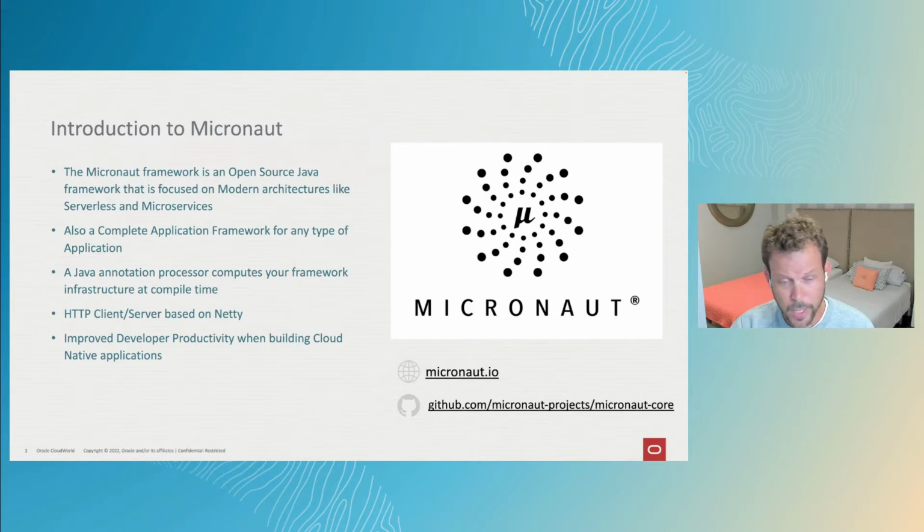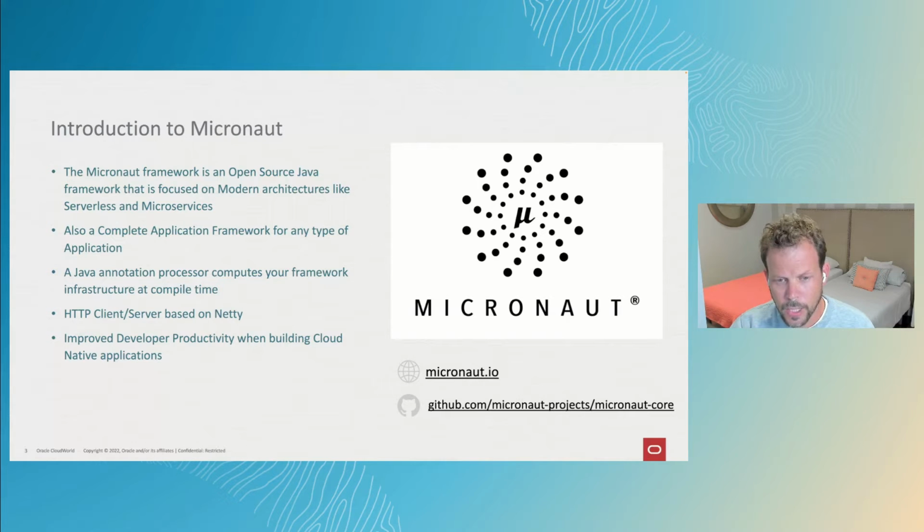It features a dependency injection programming model based on annotations, which is very familiar to a lot of developers who are accustomed to things like Spring or CDI, where you can use annotations to define how your applications work, and the application is then wired together. And this kind of model is really great for cloud applications, as we'll see during the course of this presentation.